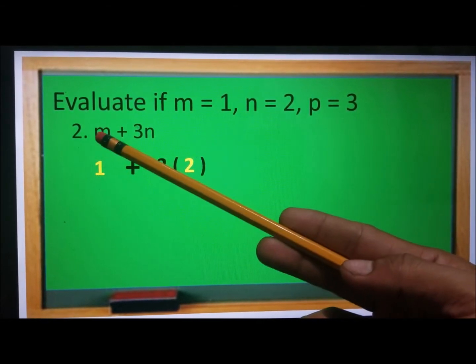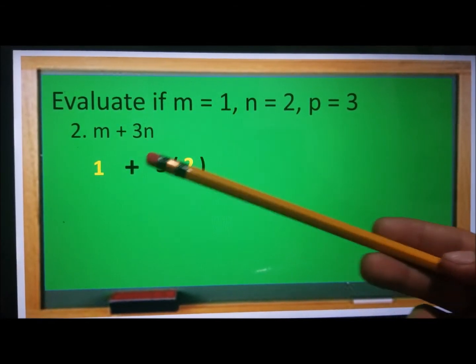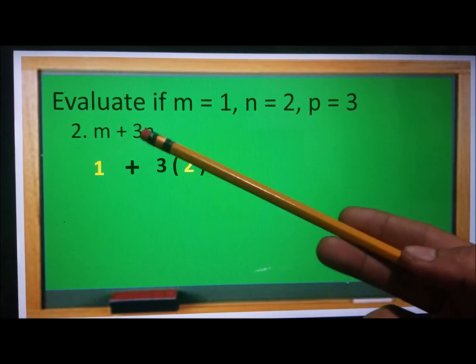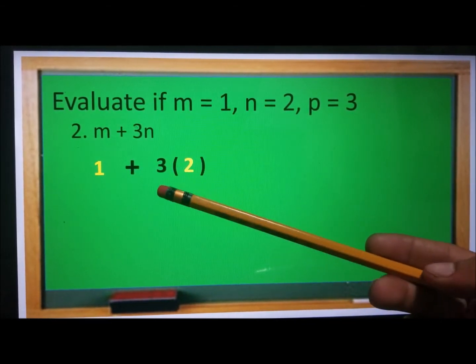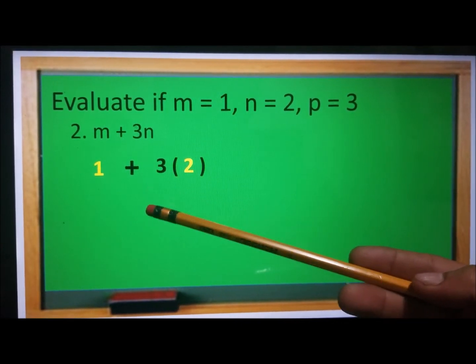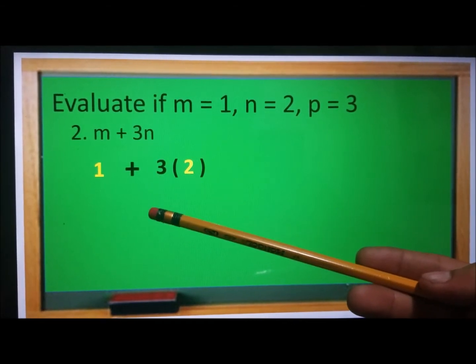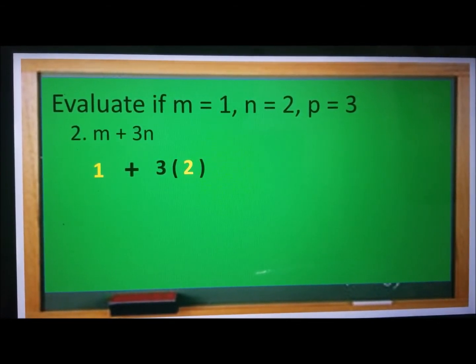So 1 is the value of m and 2 is the value of n. So I just substituted the value of m and n to the given algebraic expression. So the resulting expression now is a mathematical expression which we need to evaluate using the PEMDAS rule.